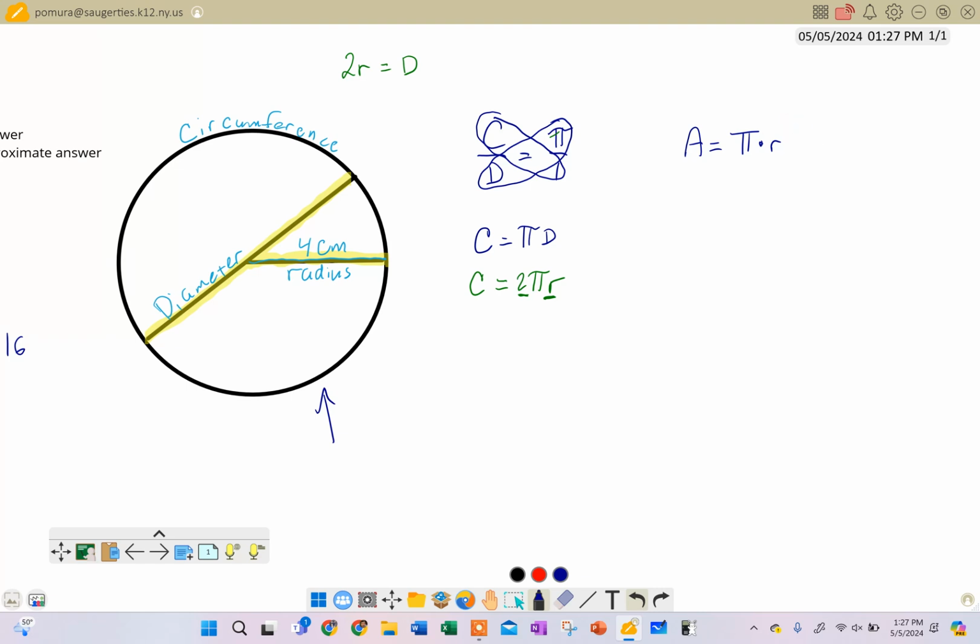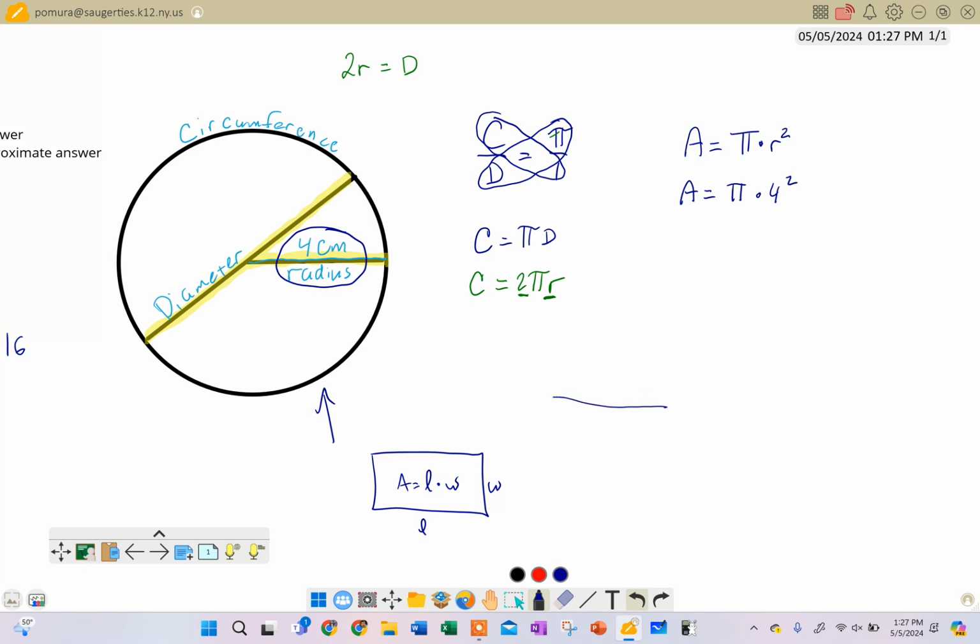So the deal is, when we have a rectangle, we end up with the length times the width, which is one dimension multiplied with another. Well, here we only have one dimension, and that is the radius. So what I'm going to do is I'm going to say area equals pi times 4 squared.